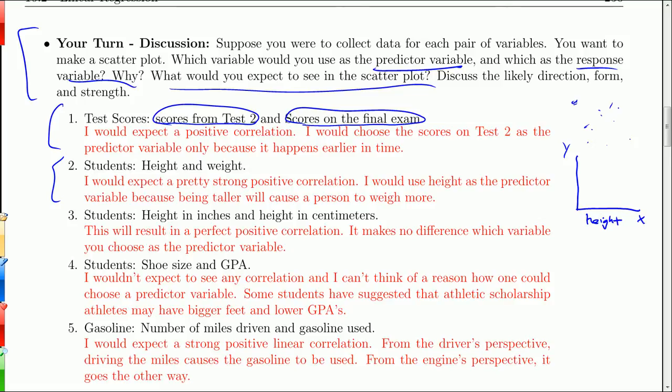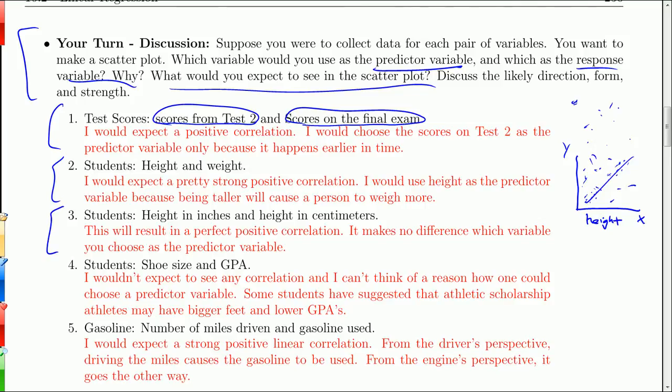There's plenty of tall people who are light, plenty of short people who are heavy, but for the most part, the tallness will cause you to weigh more. So I'd expect pretty strong. I might expect some clustering for the men and the women, but in any case, I would expect something like that. Of course, there'd be lots of outlying data points.